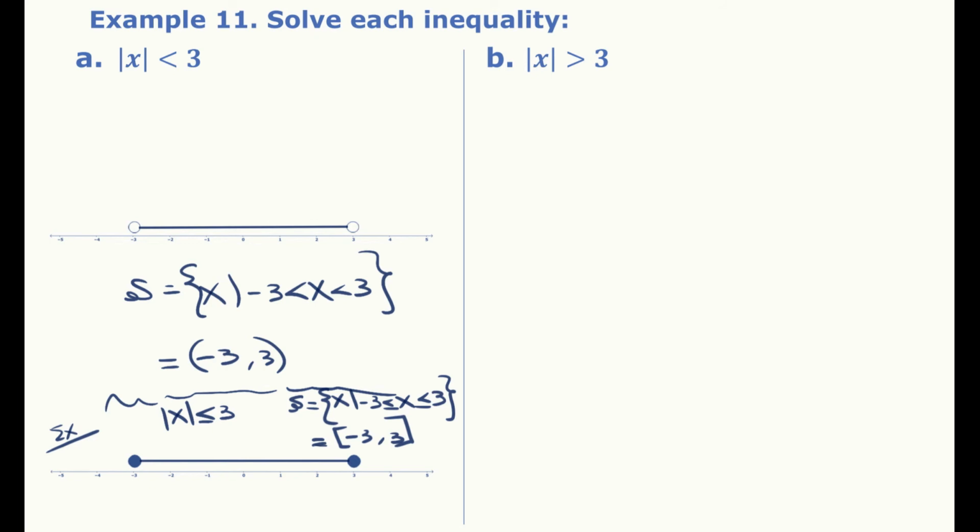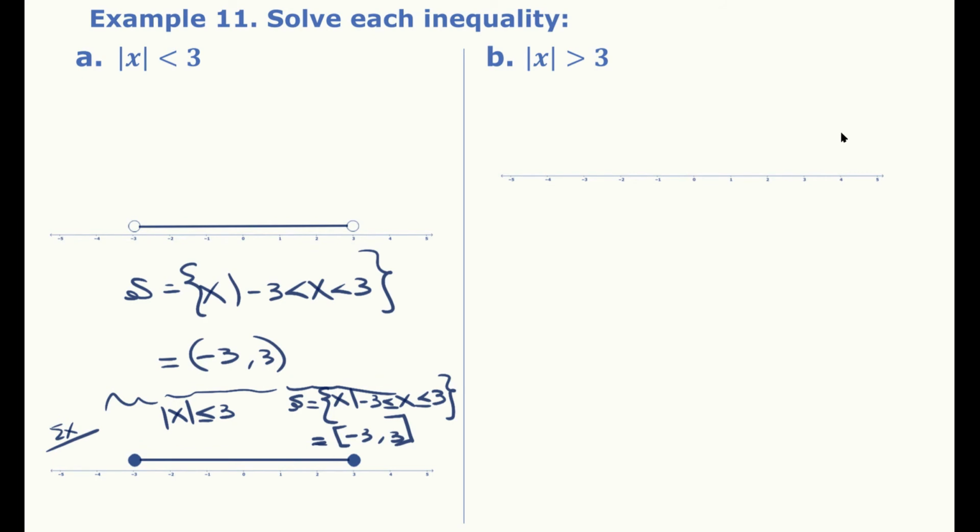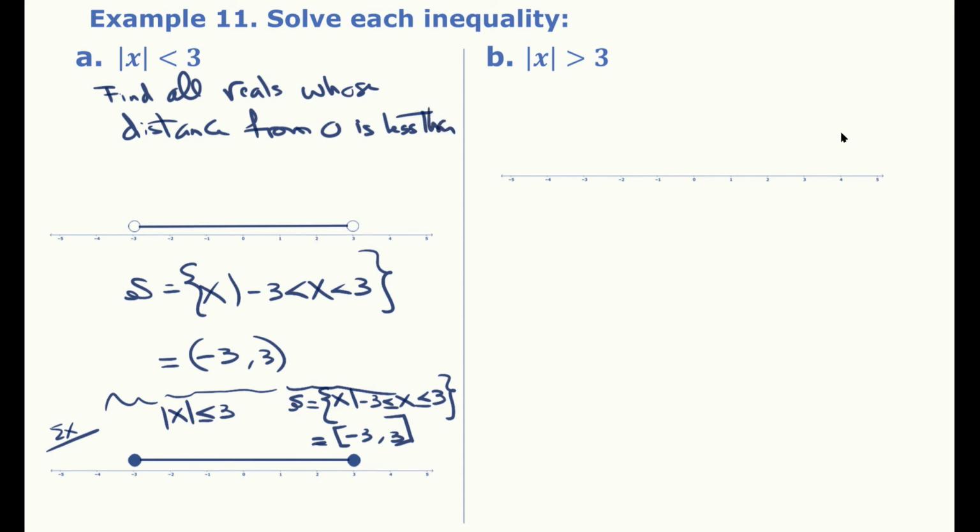Okay, now let's look at this one on the right. Remember that for this one, the interpretation was find all real numbers, or to make it short, we just say find all reals, whose distance from 0 is greater than 3.